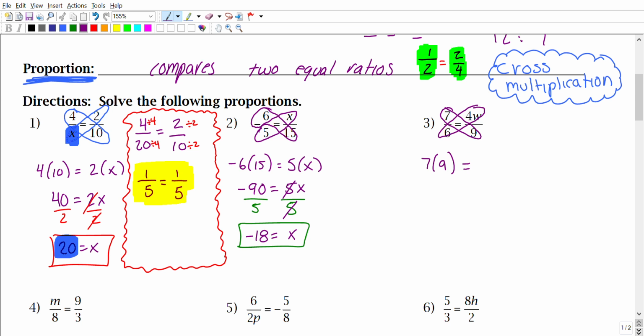A lot of people might try to put a multiplication symbol there, or just completely forget to put something there.